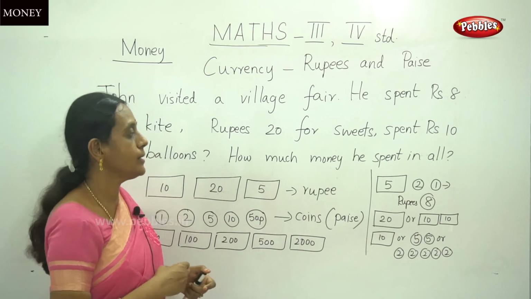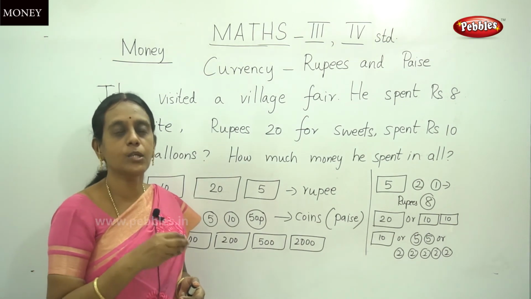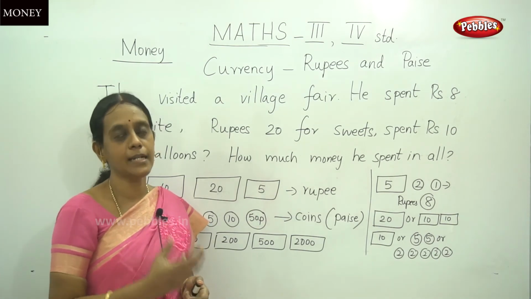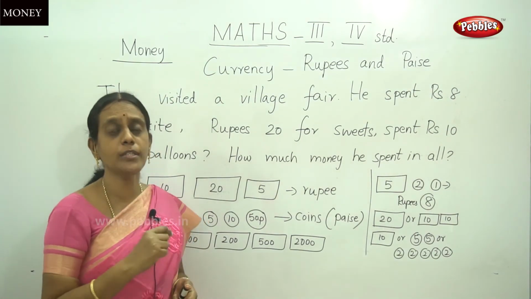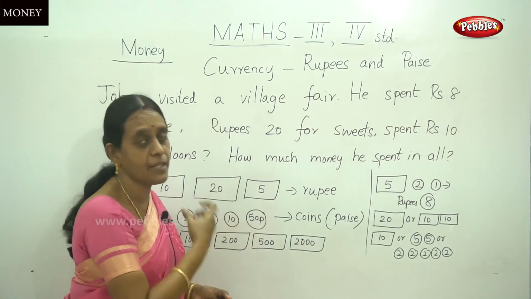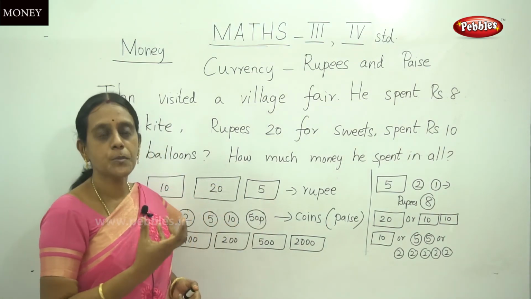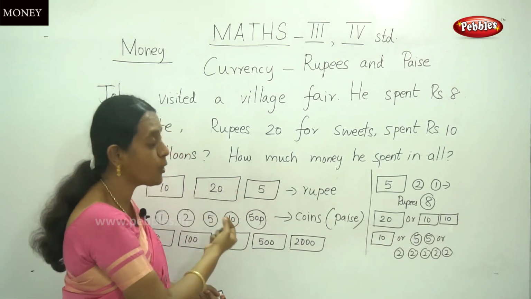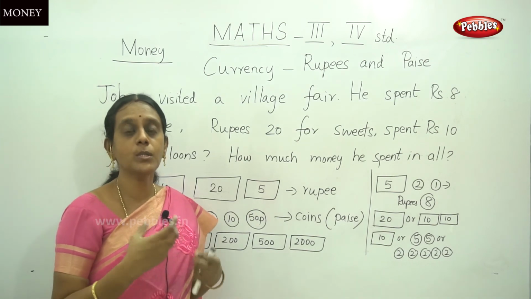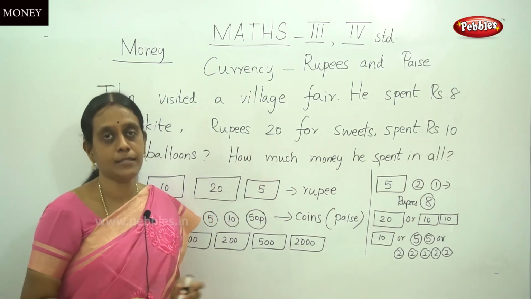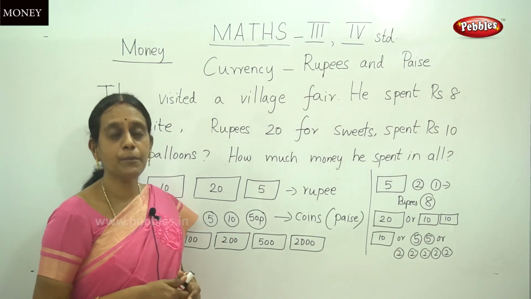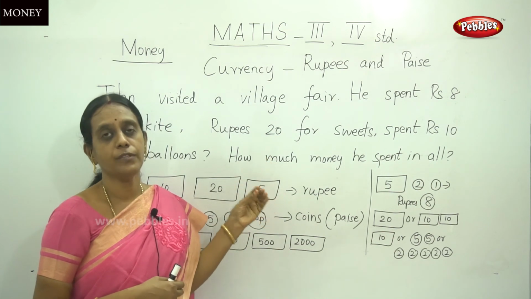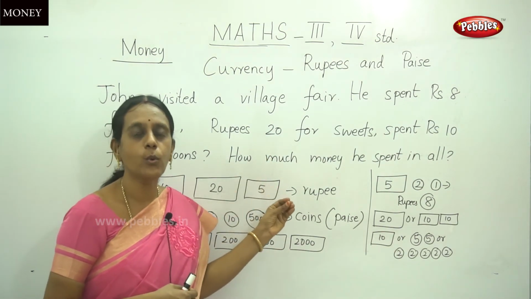This is how you learn the importance of saving. Little drops of water make an ocean. If you save a 1 rupee coin each day, you will have 30 rupees at the end of the month. So develop your saving habit and know the value of money.